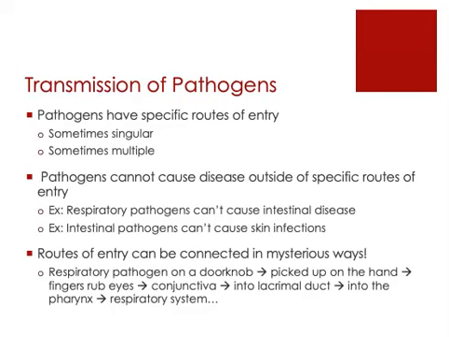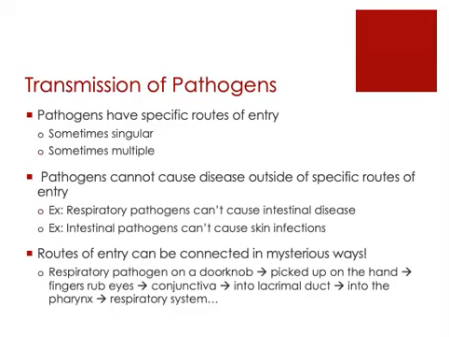But if it's a purely respiratory pathogen, like, for example, influenza, it's not capable of causing disease in another body system. In other words, there is no such thing as the stomach flu or the intestinal flu. Influenza is a respiratory pathogen.